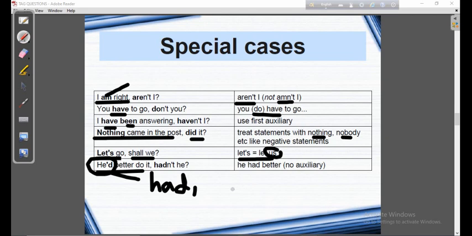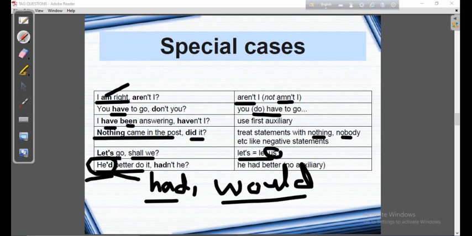You will have to know, had or would. Okay, if this short form is followed by verb 3, it will be had, and if it is followed by verb 1, it will be would.